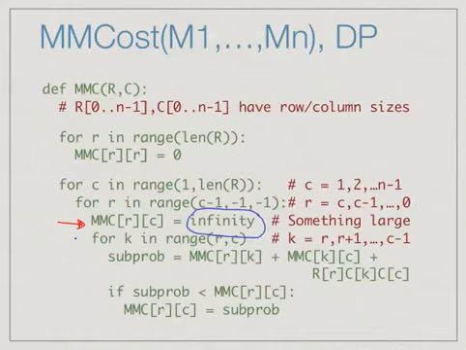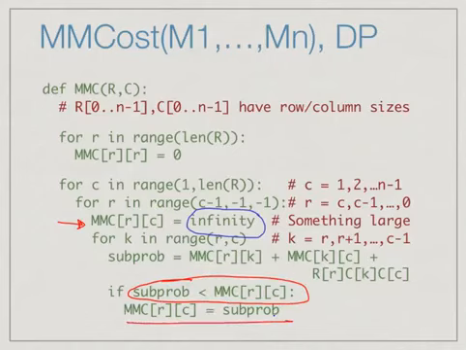So instead of starting with 0 and updating it when you do maximum, you start with a large value and keep shrinking it. Every time we find a sub-problem which is smaller than the current value that we have seen, we replace that value as the new minimum. So that's all that's important here. Everything else is just a way to make sure that we go through this table diagonal by diagonal. And for each diagonal, we scan the row and the column and compute the minimum across all pairs in that row and column.